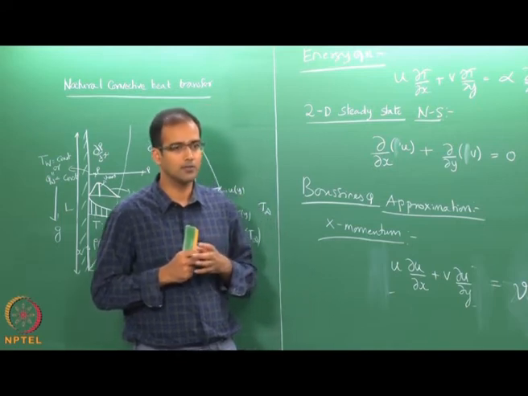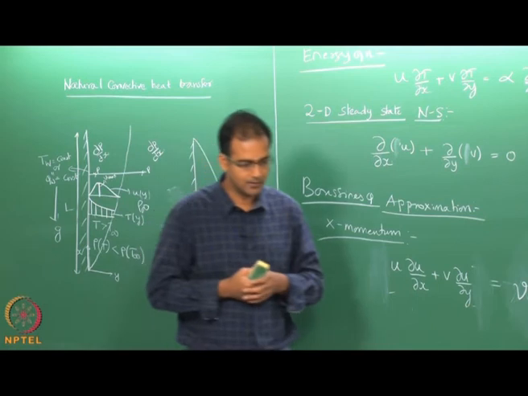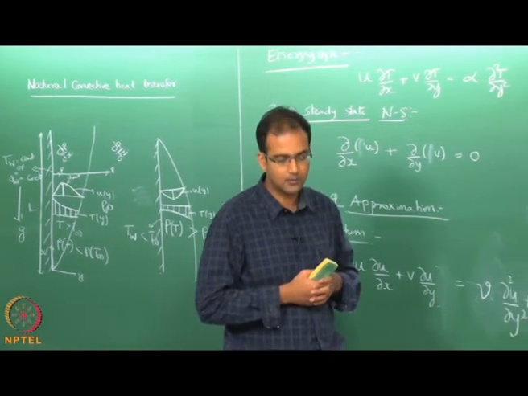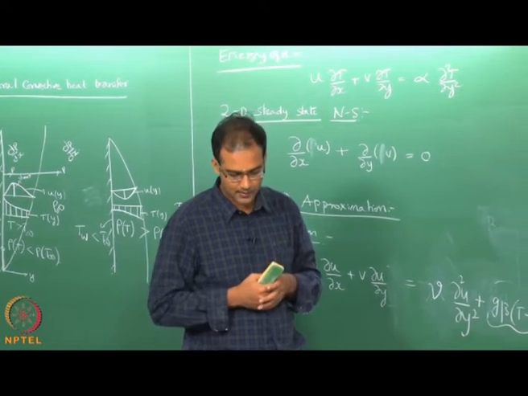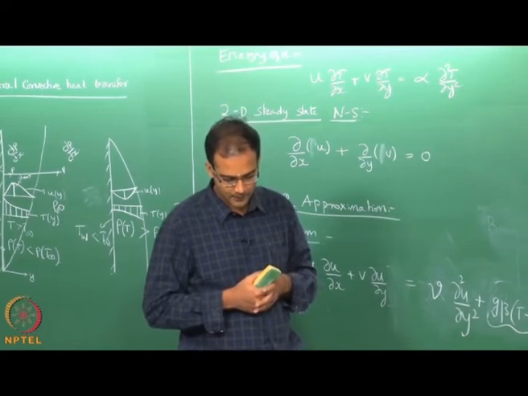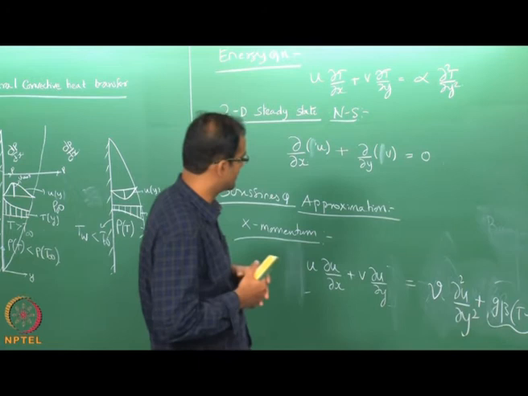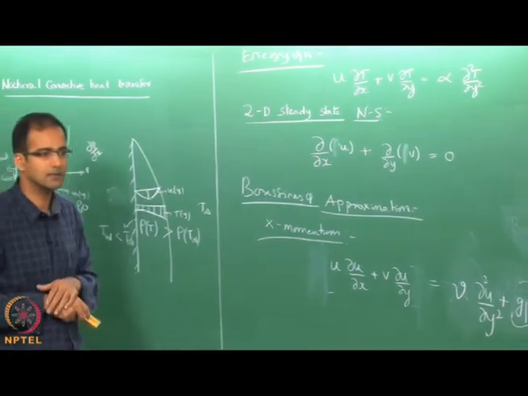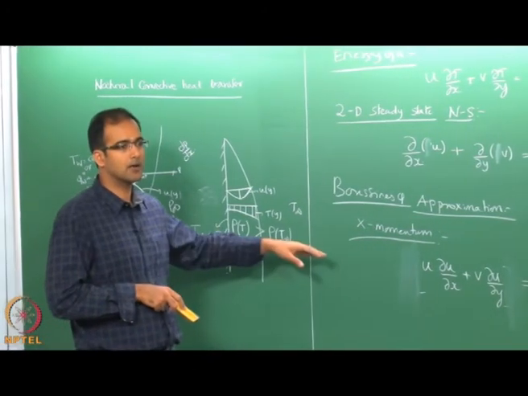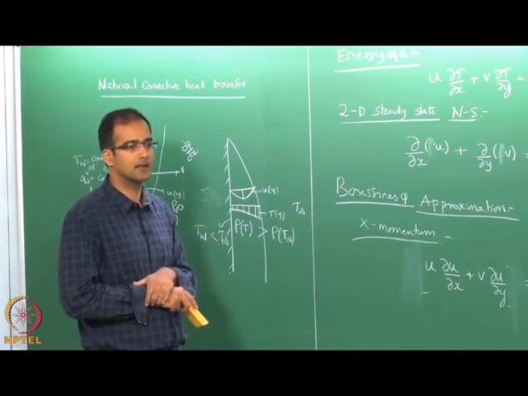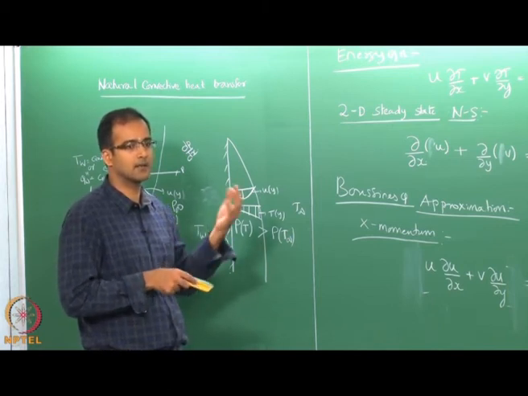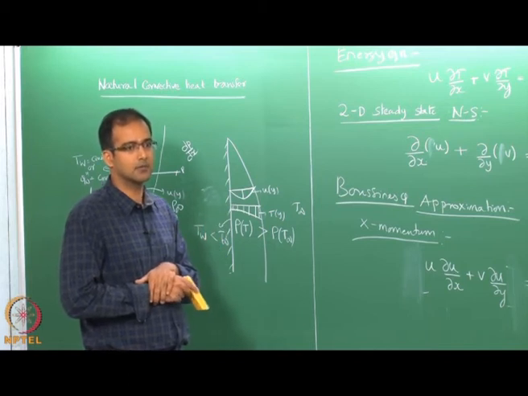Now, in the due course of another 1 or 2 lectures, we will see how to solve these equations for different boundary conditions. But before doing that, now that we have derived the governing equations, let us try to non-dimensionalize them, taking some reference parameters, and see what non-dimensional numbers come out.